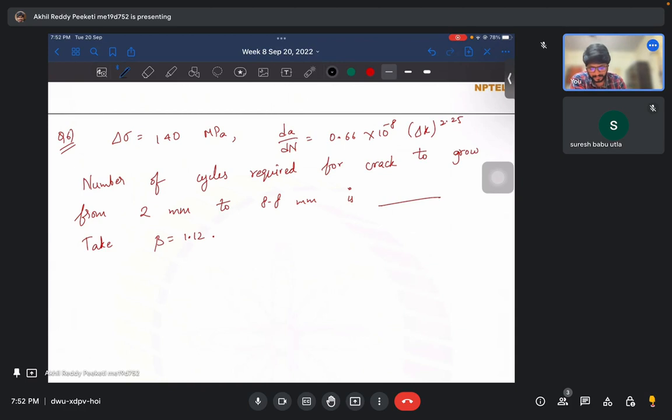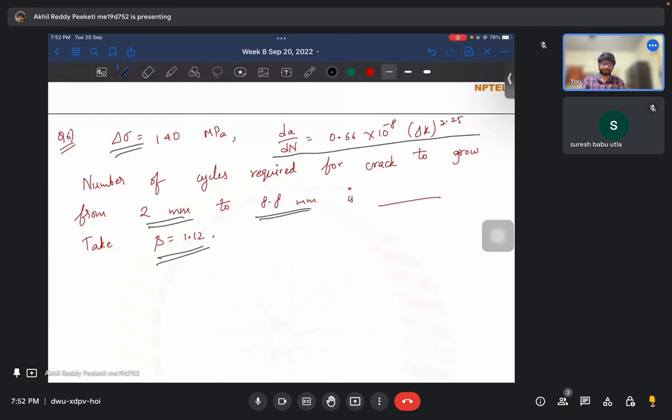So here delta sigma is given, and dA by dN, the Paris law, is given. Again, we need to estimate the number of cycles for the crack to grow from 2 mm to 8.8 mm, and here beta is given.